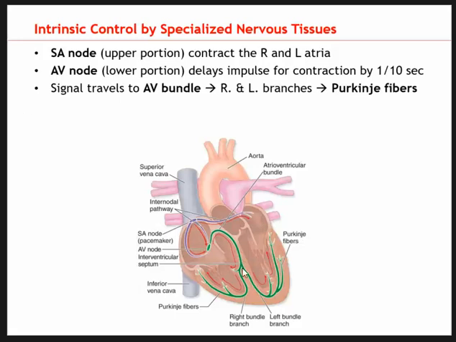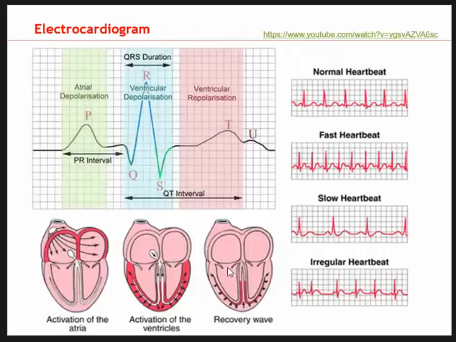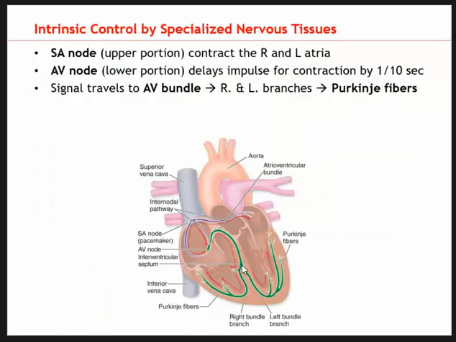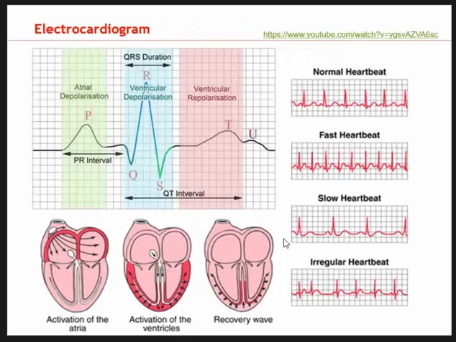Then the signal travels to the AV bundle, which is located right here, and then the right and left bundle branches, which are at the bottom, eventually to the Purkinje fibers. This is just the path of intrinsic control, and you do need to be familiar with this pathway.